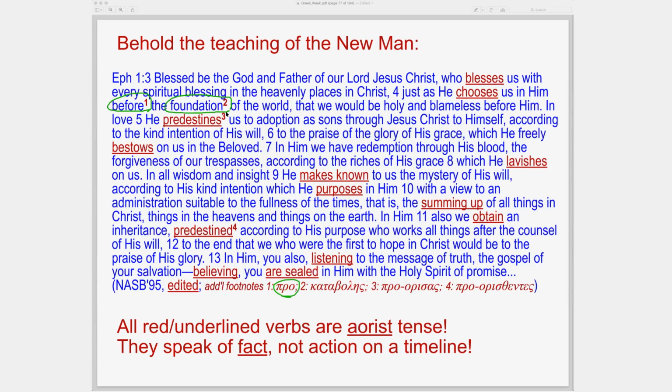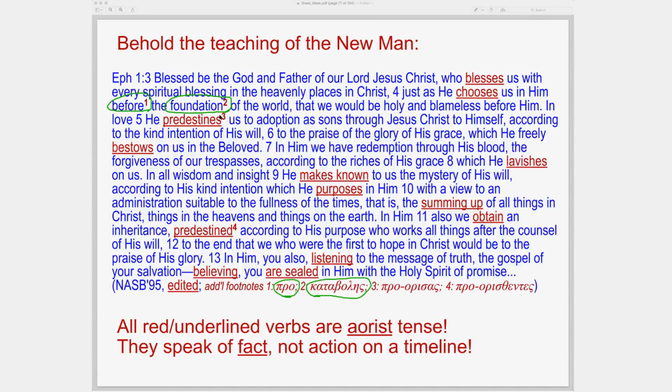Just to clean things up here, if you say ahead of the casting down of the world, that's not necessarily a time. Before usually means time. And pro can mean before, but it can also mean ahead of. It fundamentally means ahead of geometrically. So ahead of the casting down of the world. In other words, the foundation. So his choice of us is taking preeminence over the casting down of the world.